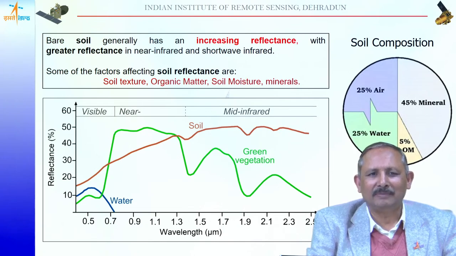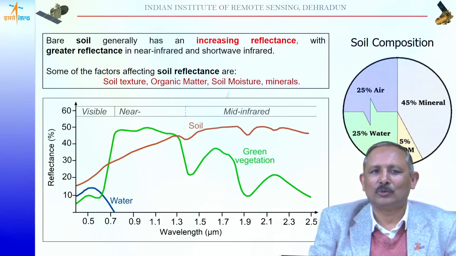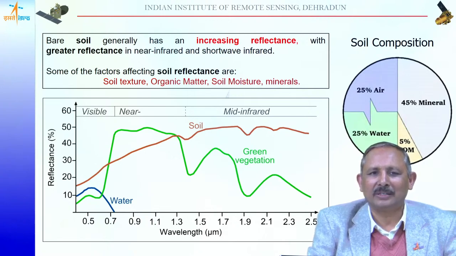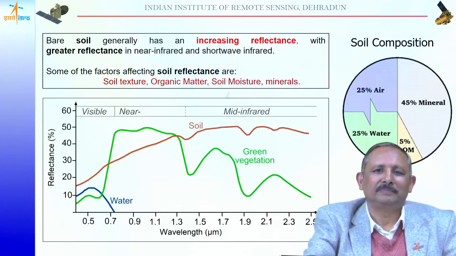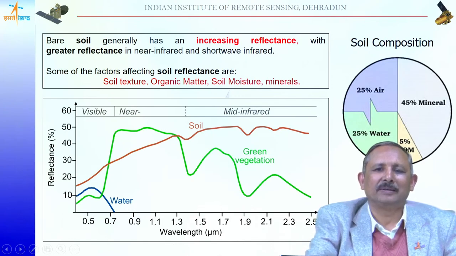The soil gives the cumulative effect of its composition. As we know, the soil is composed of soil texture, organic matter, soil moisture, and mineral matter. These are the major components of the soils, and they affect the reflectance characteristics. In soil, this is the composition: 45% is mineral matter.